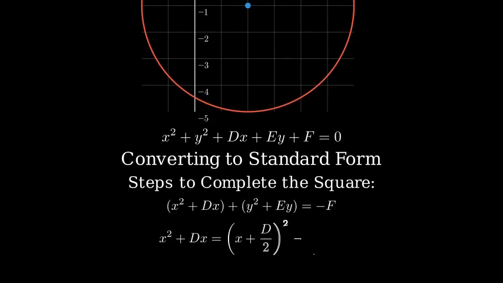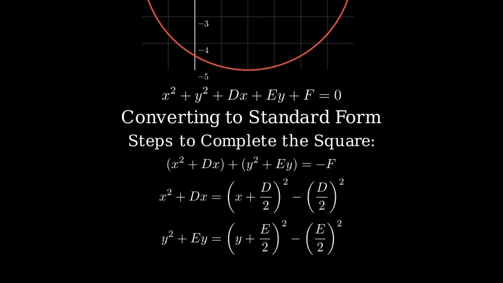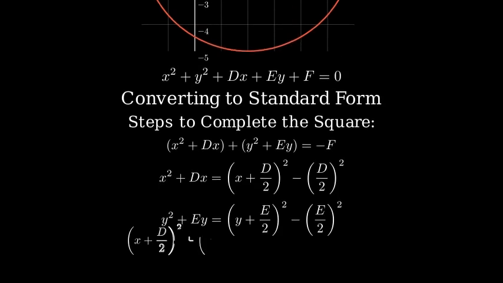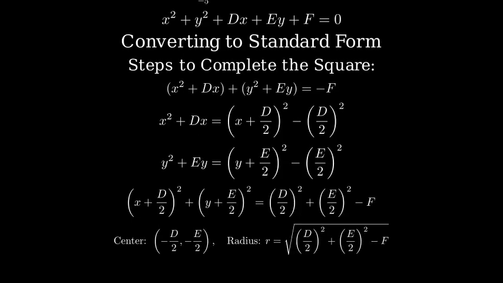For the x terms, x squared plus dx equals (x plus d over 2) squared minus (d over 2) squared. Similarly for the y terms, y squared plus ey equals (y plus e over 2) squared minus (e over 2) squared. Rearranging the equation, we get the standard form with center at (-d over 2, -e over 2), and radius squared equals (d over 2) squared plus (e over 2) squared minus f.